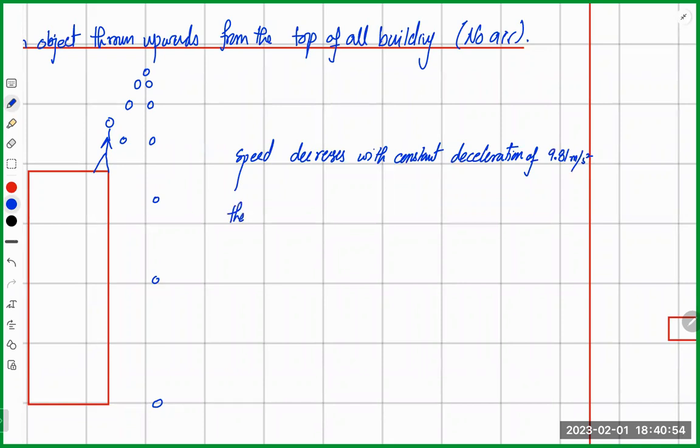Then at max height, speed becomes 0 momentarily.